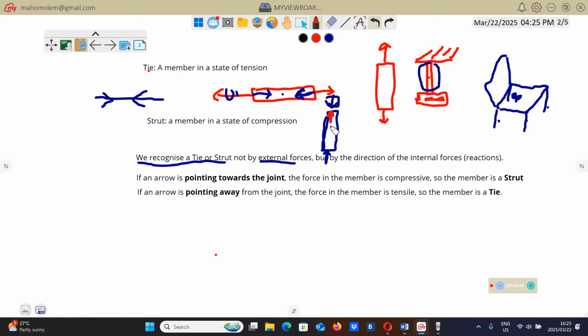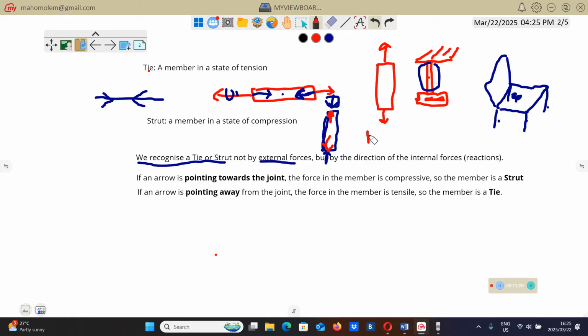According to Newton's third law, this material will apply the same force in magnitude but in the opposite direction. Remember I said the ground or the floor is going to push the feet up, then the feet will react and push down. So this red thing that you see there, those are the internal forces.